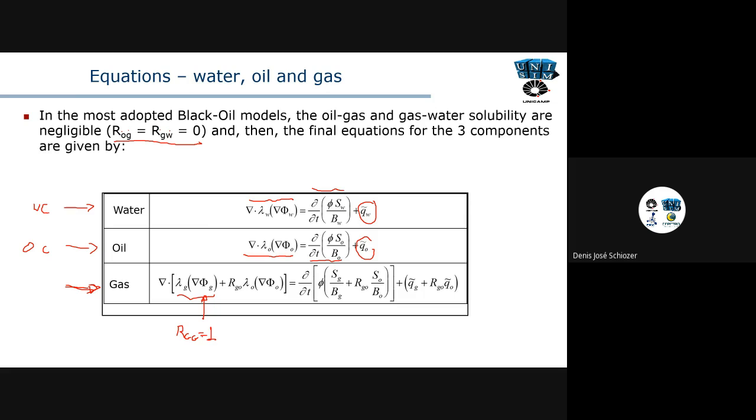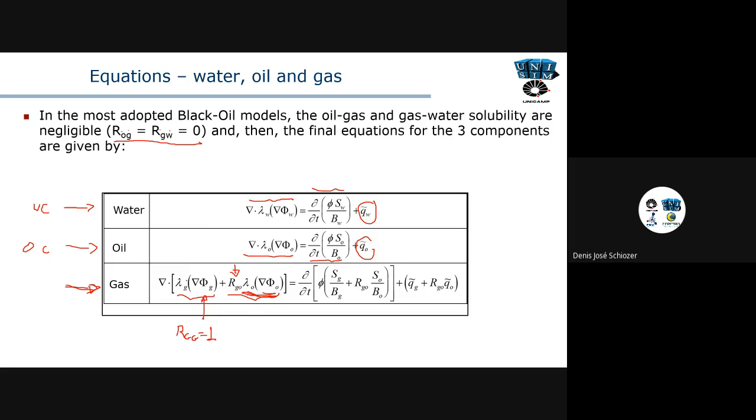Because in the gas phase, we have only gas component, but we also have the gas component in the oil phase. So we have to account for the amount of gas that's inside the oil phase. That's why we have the movement of the oil phase. Then we multiply that by the amount of gas that's inside the oil phase, dissolved gas, okay?